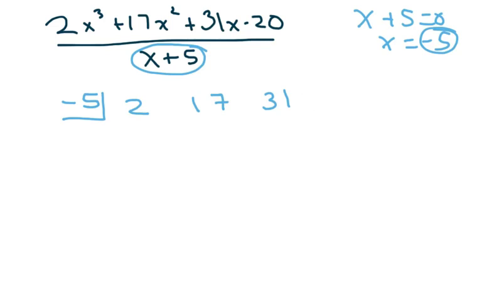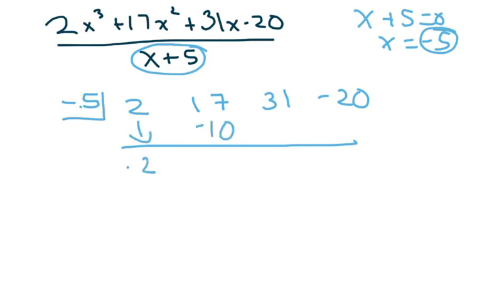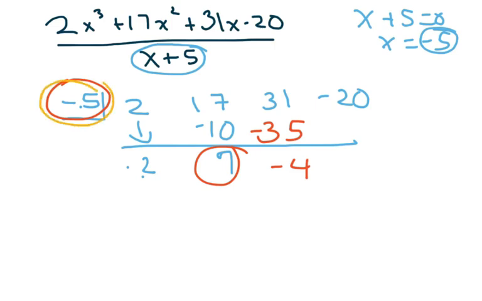We're leaving out the x's. Bring down the 2. Then you multiply. Negative 5 times 2 is negative 10, and add. Multiply. And add. Then multiply these 2 and add. And you got 0 for the remainder.